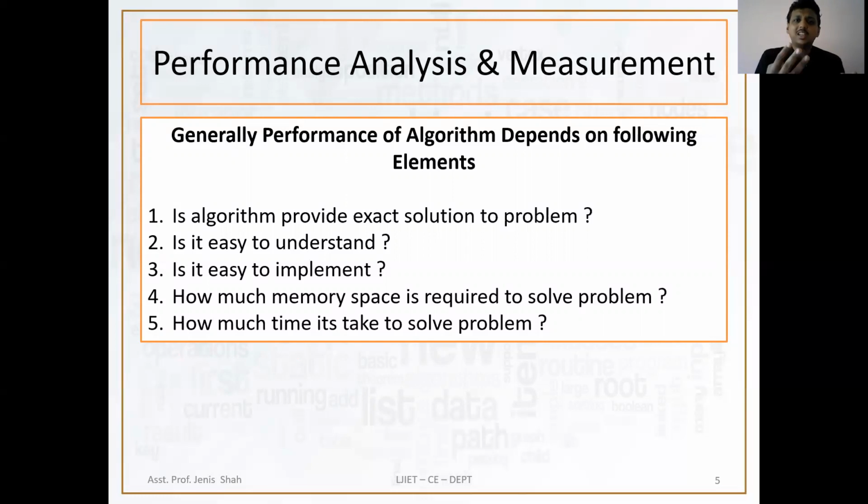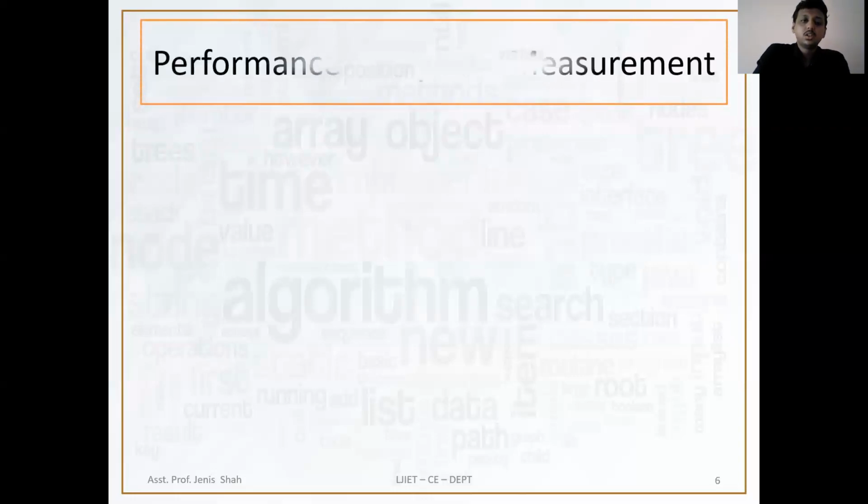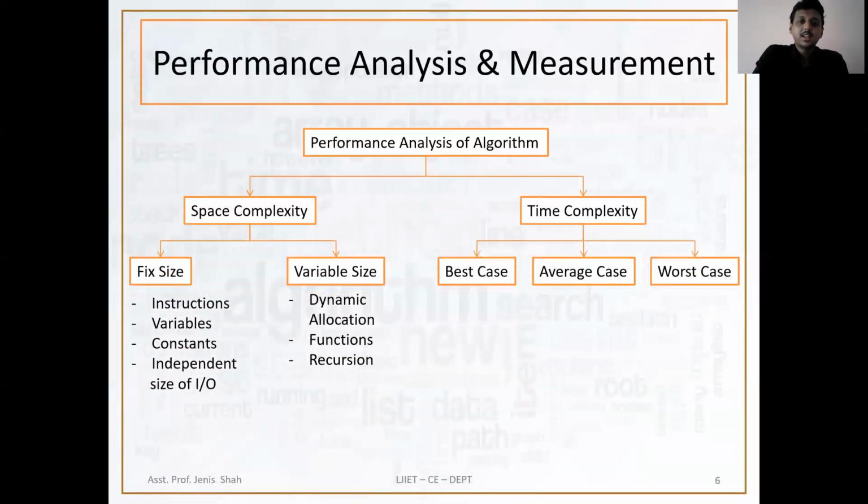You wait just 3 or 4 seconds maximum to watch a particular video because you are used to that. Time matters a lot in an algorithm, in a process, in a program. The less time you consume, the better the system is for you. Next, performance analysis and measurement can be categorized in this way.